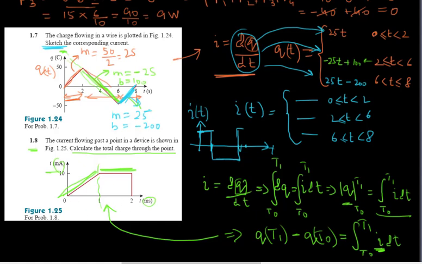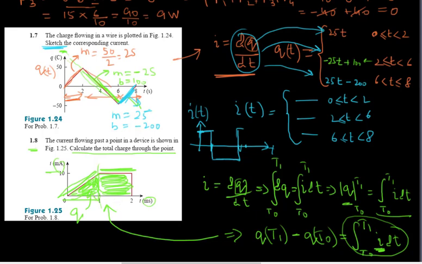There is another way of solving this. Since you know that integration is simply the area under the curve, and since this area seems to be very simple and easy, you can simply find the area under the curve here and the area under the curve over here, and add those two areas to give you the value of q.